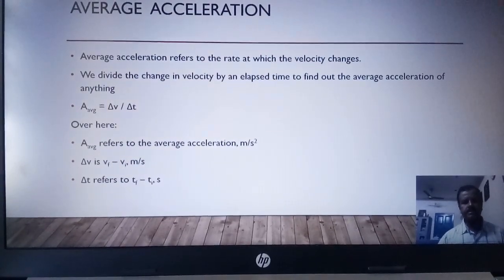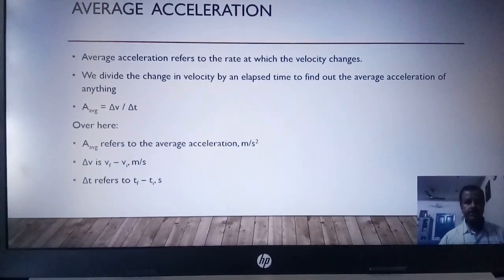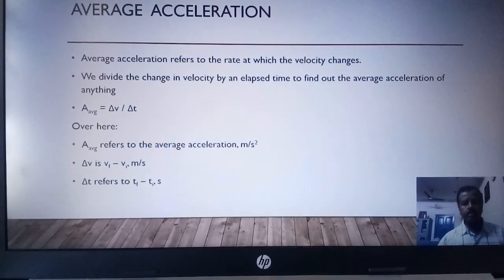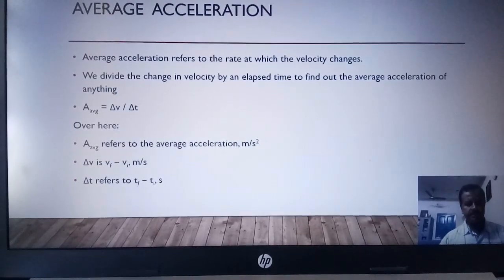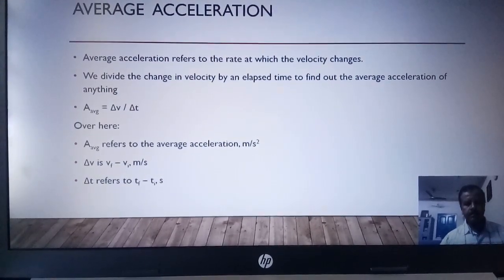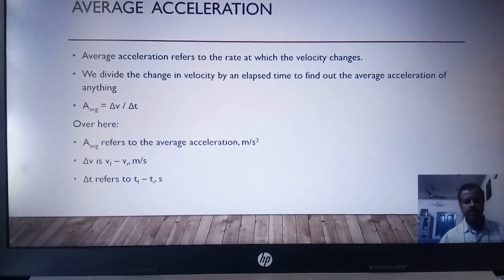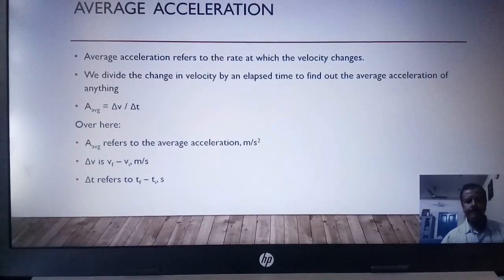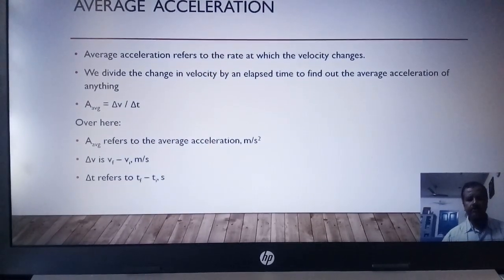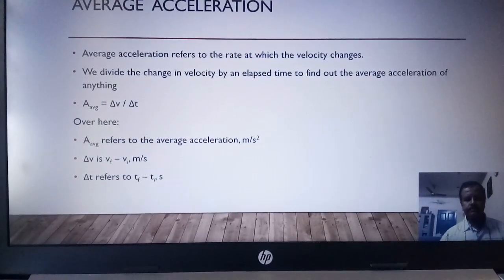So average acceleration is the ratio of total change in velocity divided by total time taken for that change. Average acceleration is measured in meter per second square. Meter per second square is the SI unit of acceleration.